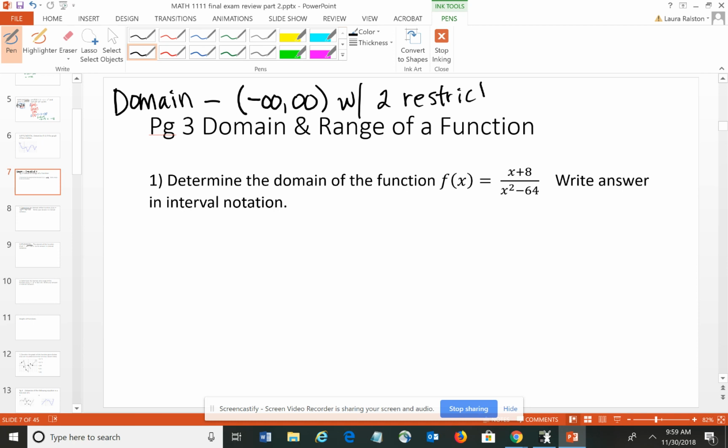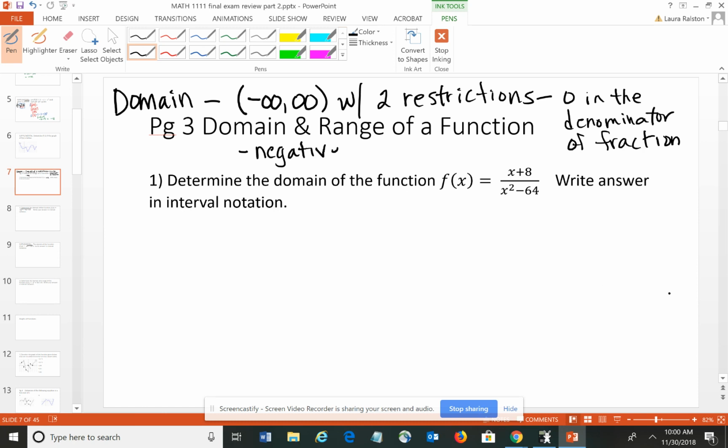And the two restrictions are that you cannot have 0 in the denominator of a fraction because you cannot divide by 0. And the second restriction, if you'll recall, is that you cannot have a negative under a radical.